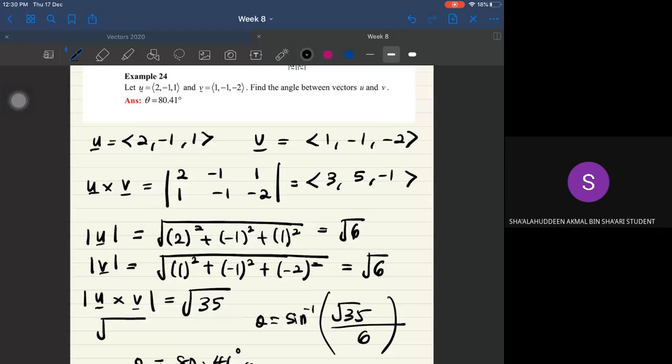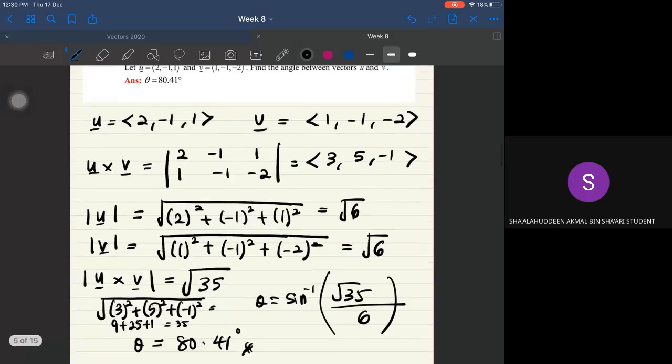Kan square root 3 kuasa 2 tambah 5 kuasa 2 tambah negatif 1 kuasa 2. 9 tambah 25 tambah 1. So, akan dapat 35. Boleh faham tak soalan itu? Faham puan, terima kasih puan.